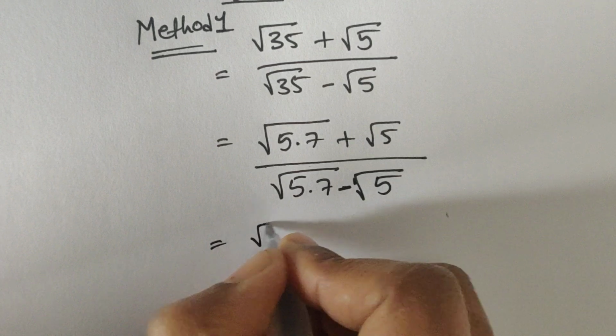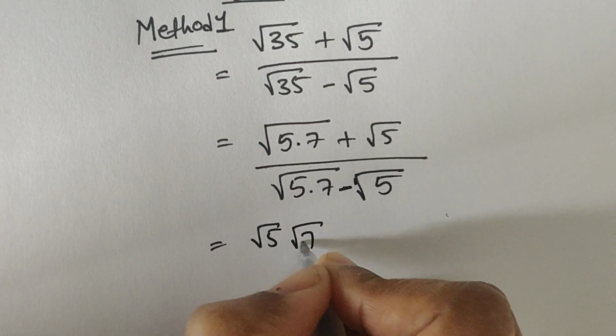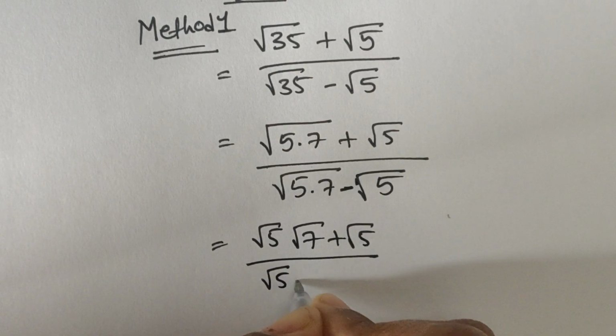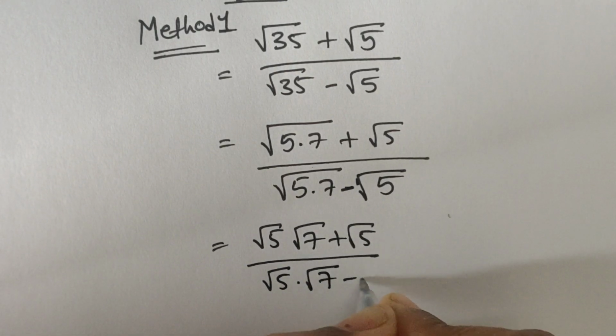So we can write this as (√5 × √7 + √5) / (√5 × √7 − √5).